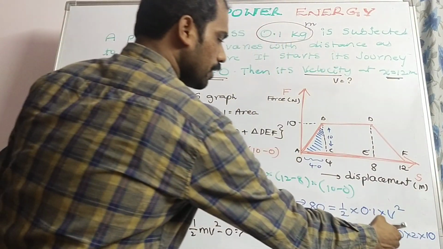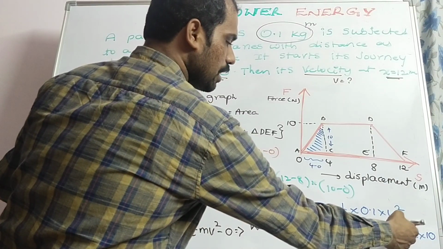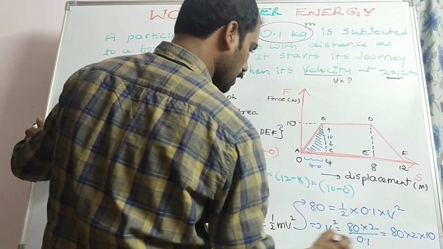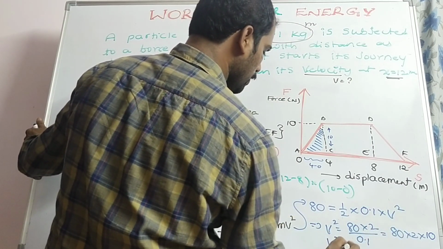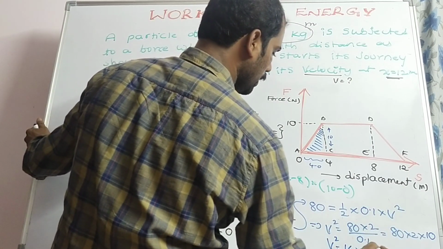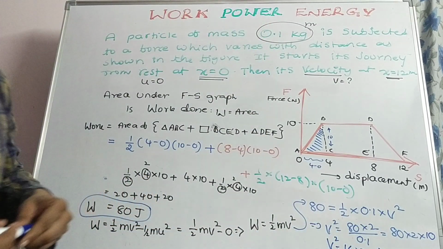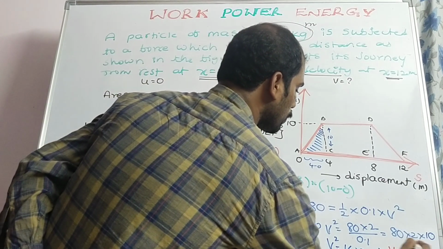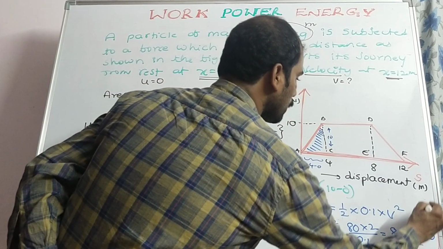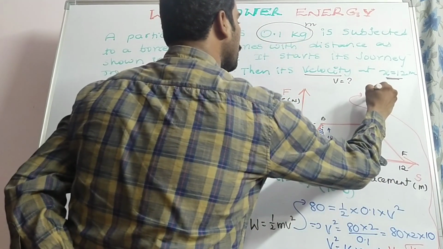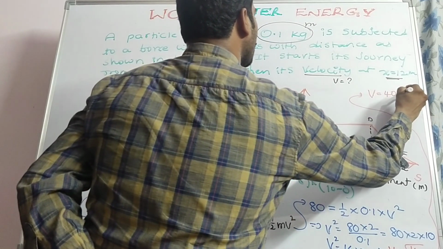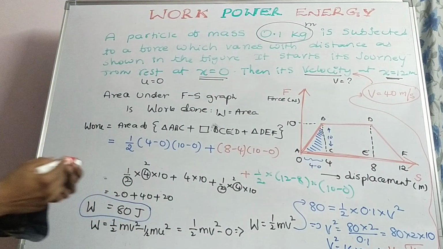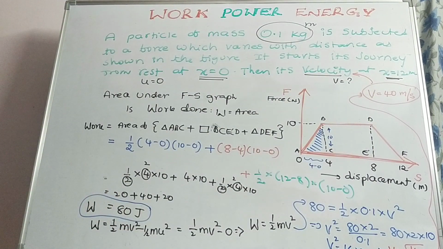So 80 into 2 is 160, 160 into 10 is 1600. V square is equal to 1600. That implies V is equal to root of 1600. So V is equal to 40 meter per second is the answer.